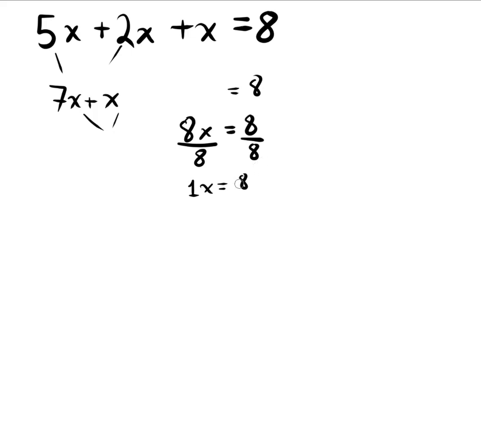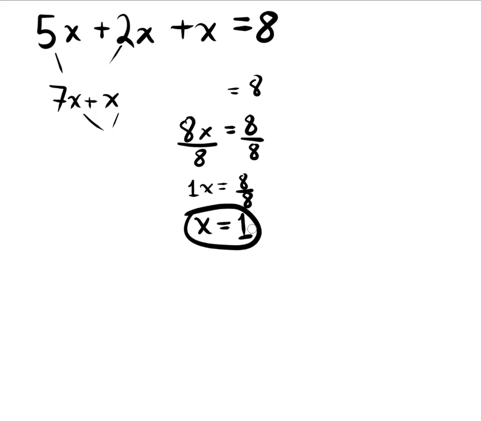I really don't need to write that step down, but I just figured why not. 1x is really the same as x, because 1 times anything is the same thing. So I now have x is equal to 8 over 8, which is really equal to 1, because any number over itself is the same number. So I'm left with x equals 1.